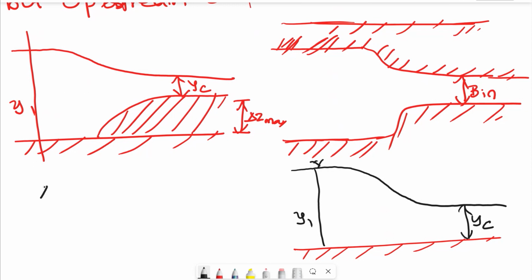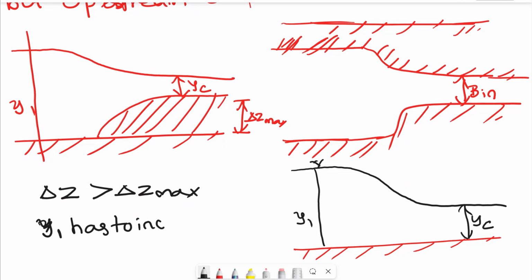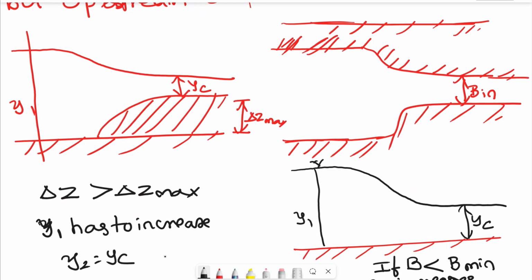If delta Z is greater than delta Z maximum, Y1 has to increase. And if B is less than B minimum, again Y1 increases, but Y2 remains YC.